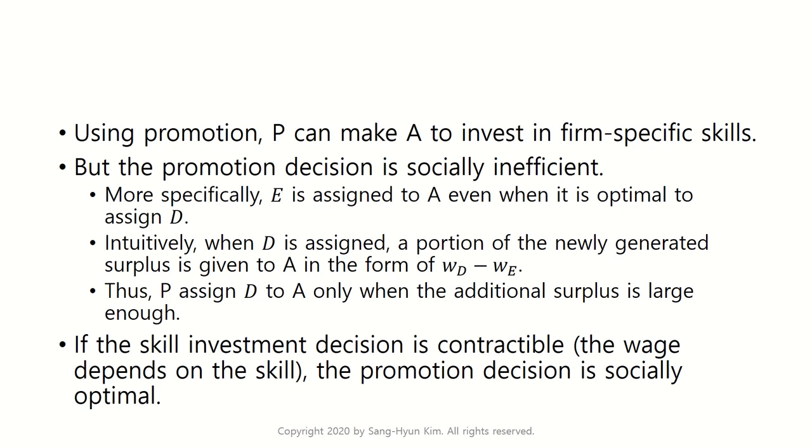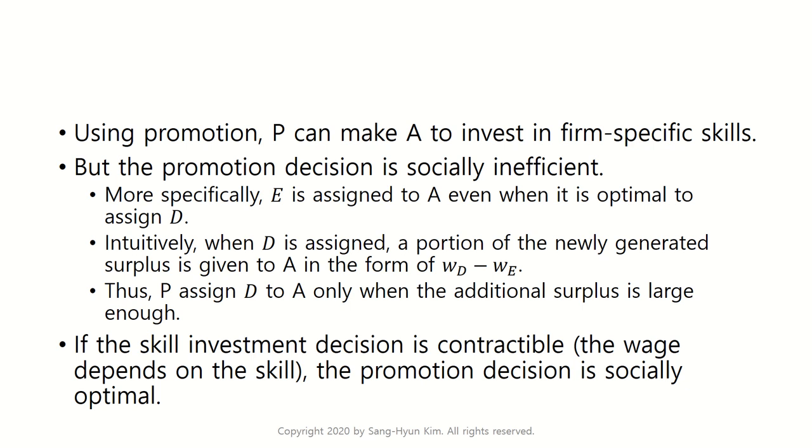So what have we learned from this? We learned that using promotion, the principal can make the agent invest in firm-specific skills, but the promotion decision is socially inefficient. More specifically, the easy task is assigned to the agent even when it is optimal to assign the difficult task.